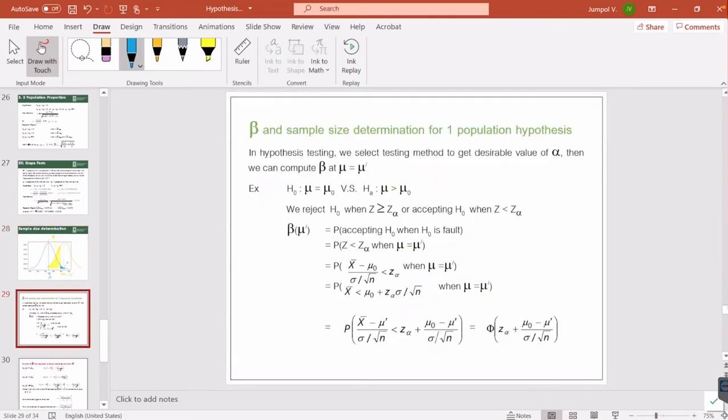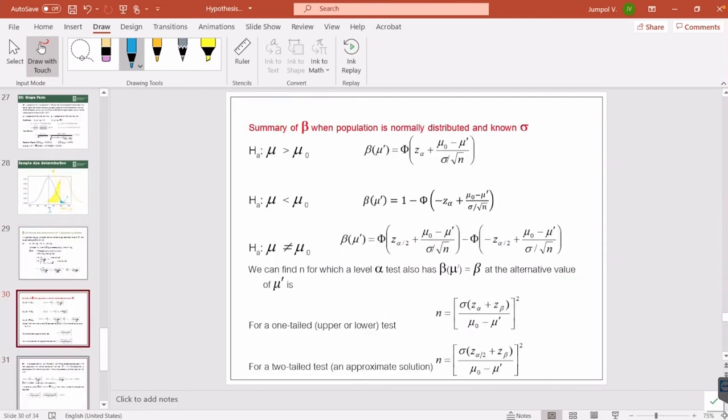So beta can be written as a function of the real mean, and from this formula we can compute the number of samples that will give us Z alpha and Z beta as we want.